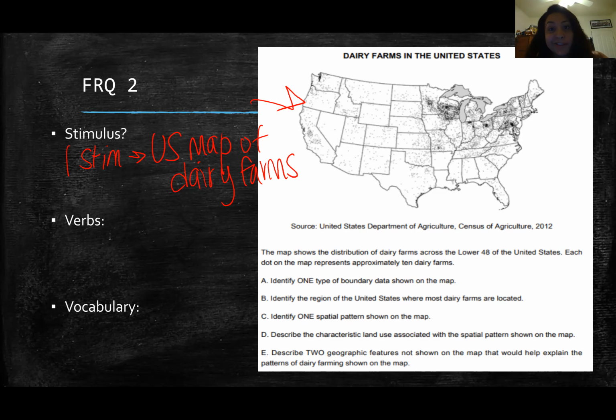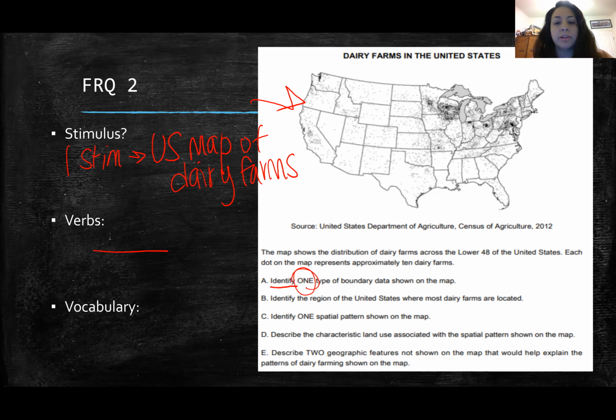Okay, so since this is a really long one, we're just going to underline the verbs on our diagram that we have here. So for the verbs for letter A, you're going to identify one type of boundary data shown on the map. I had a couple of questions. Some people were asking, well, what the heck are these things?